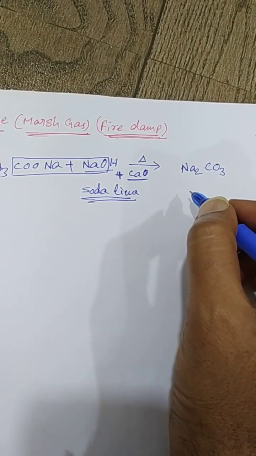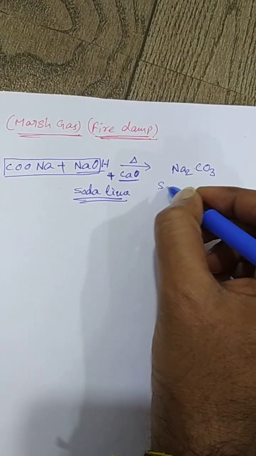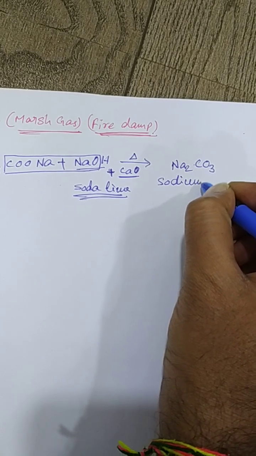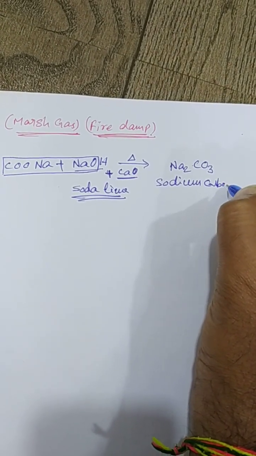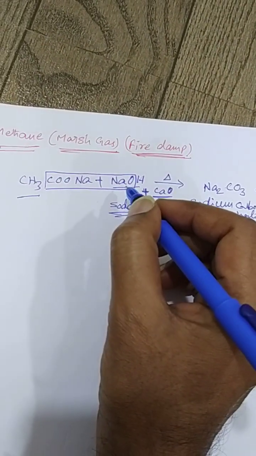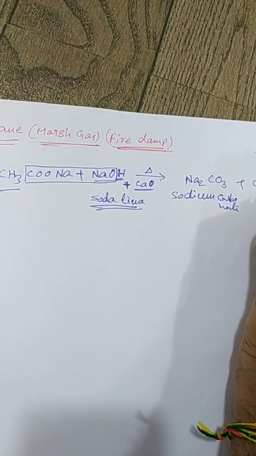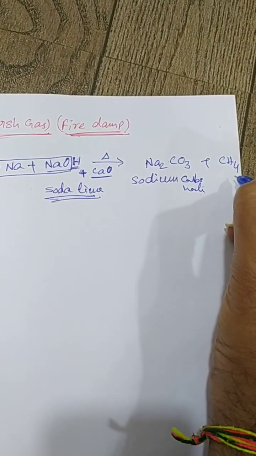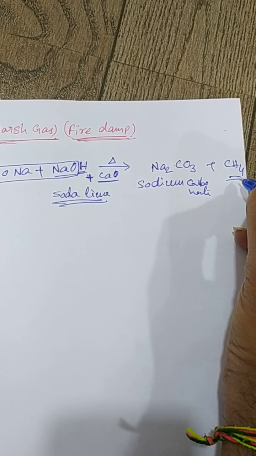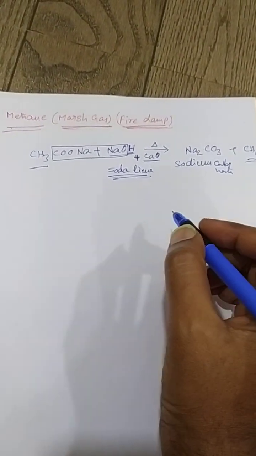This is called sodium carbonate, plus this compound gets the hydrogen and forms CH4. This is methane. So this is one of the cheapest, easiest laboratory methods.